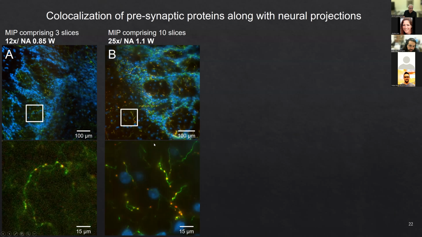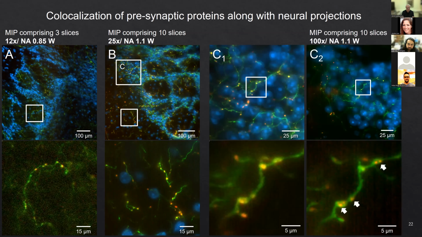Okay, so unfortunately, I was not able to find exactly the same location, but here you can clearly see how we can go with the one sample from the mesoscale to the nanoscale again. And if it's necessary, nowadays we can go even further.